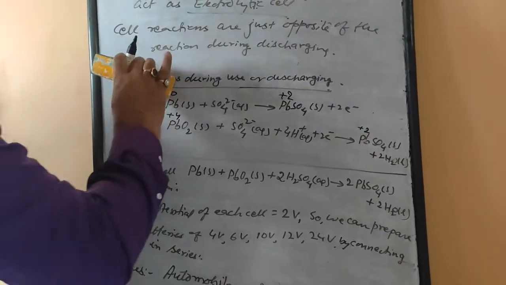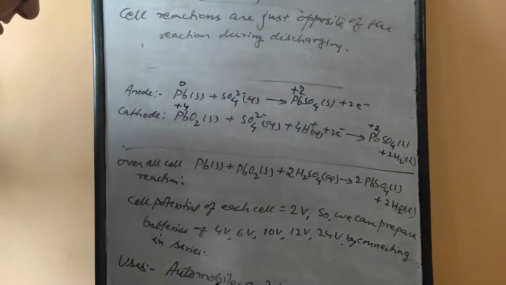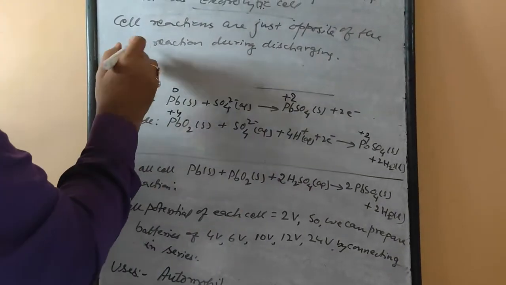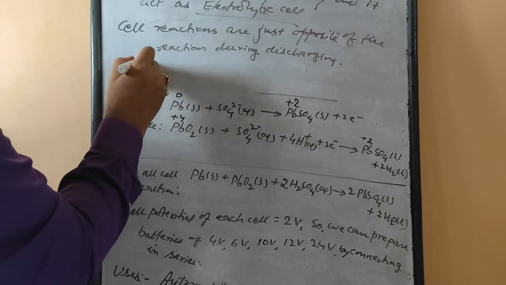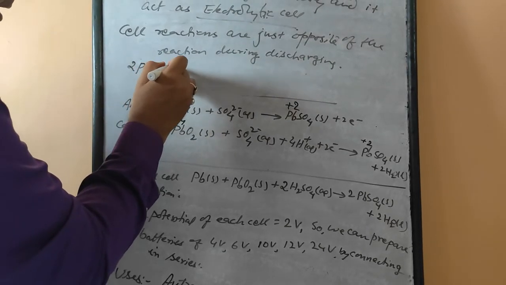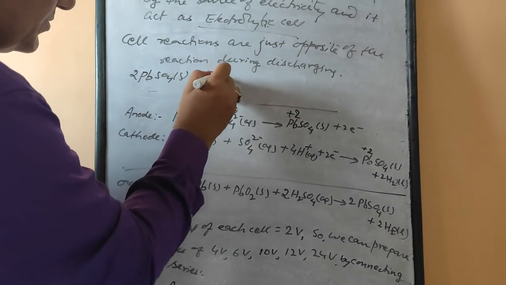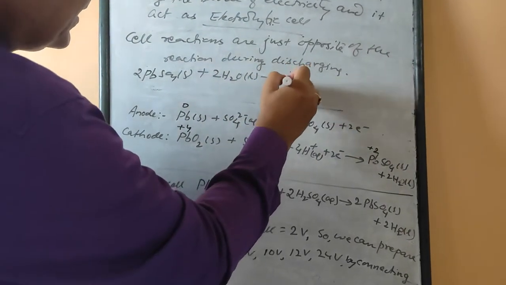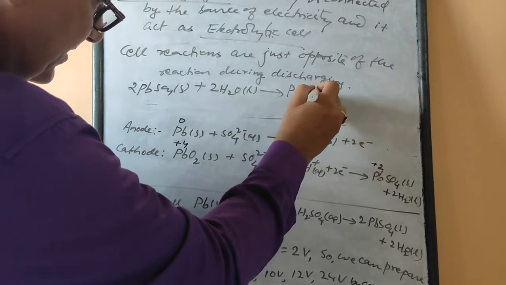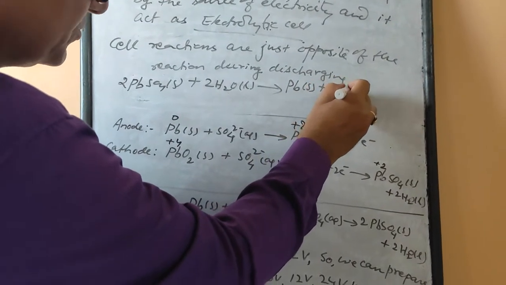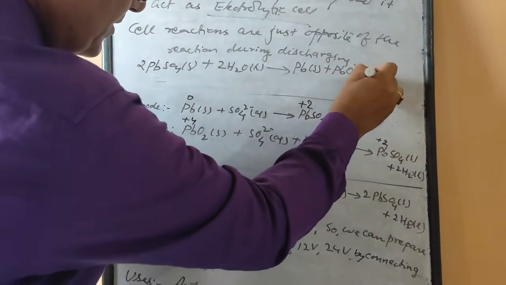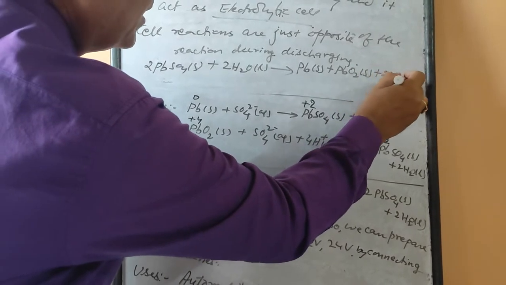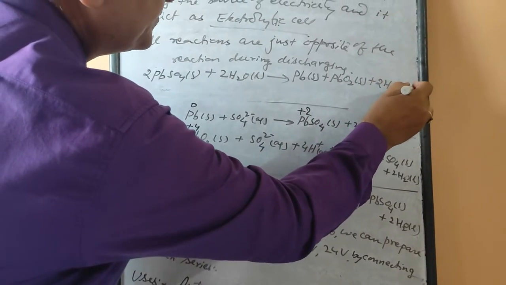So what will the overall cell reaction be? Just for your help, I am going to write only the overall cell reaction. 2PbSO4 solid plus 2H2O liquid gives Pb solid plus PbO2 solid plus 2H2SO4 aqueous.